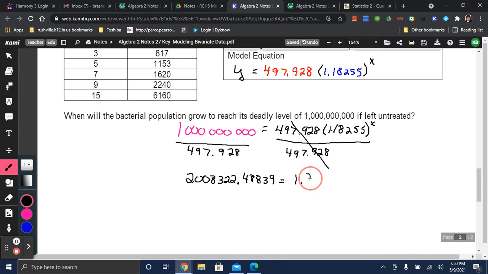We have 1.18255 to the x power. All right, now to solve for that, we would have x equals, we would use a log with a base of 1.18255 of this giant number.